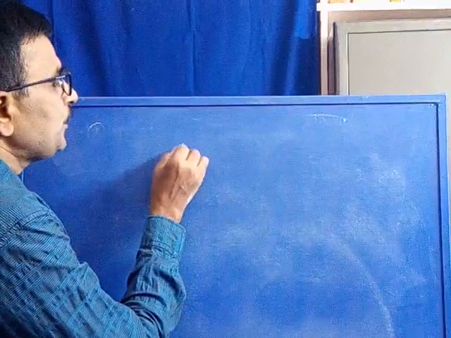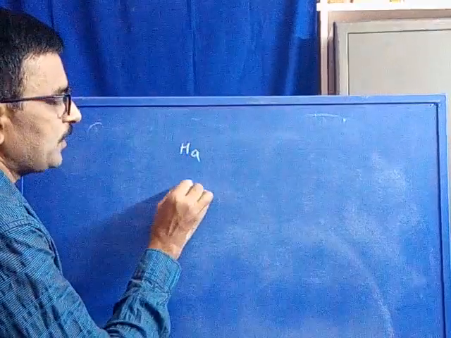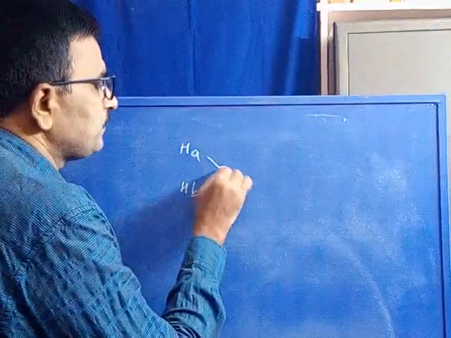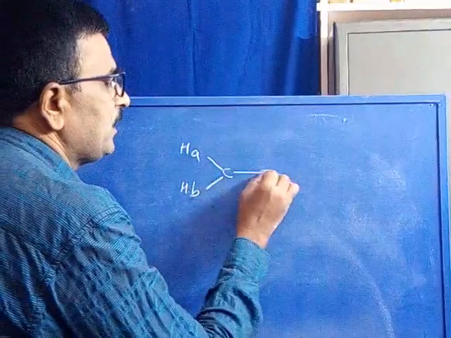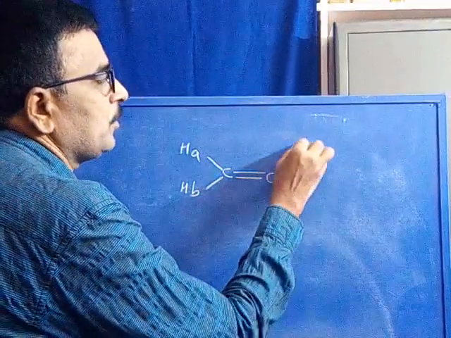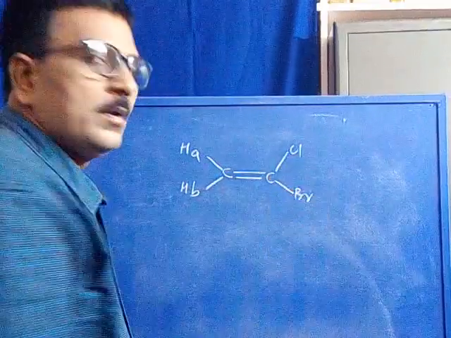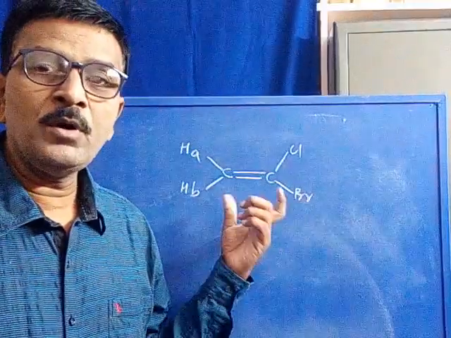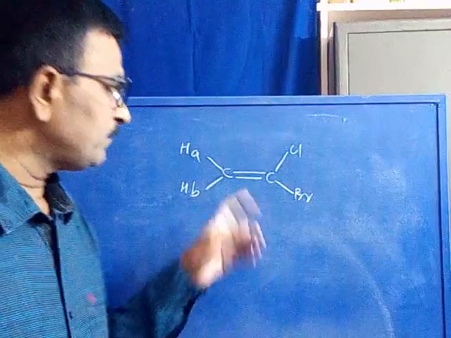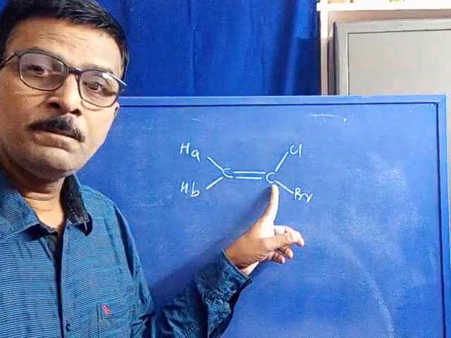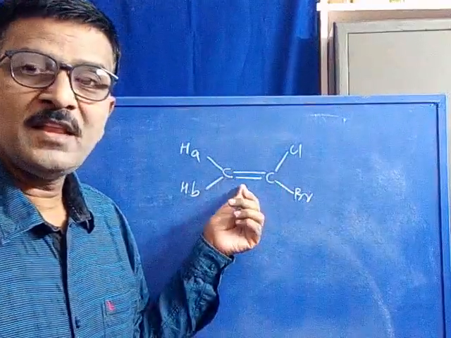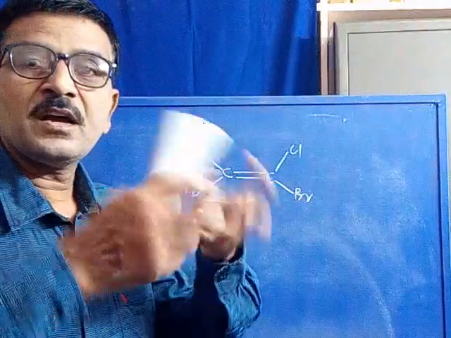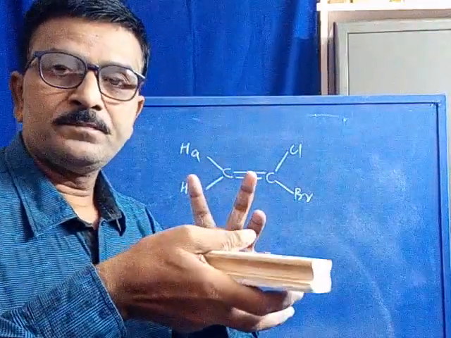Example, you take HA hydrogen, HB hydrogen, carbon, double bond carbon, one chloro, one bromo, ethylene. Now between the two carbons there is a double bond which restricts the carbon rotation.